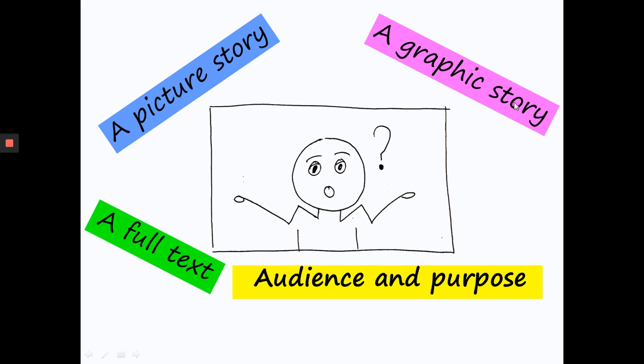A graphic story, like a comic style with your pictures and your text, would be for your age group of children. All right, so that would be your audience. And for a full text with no pictures, just the text, just the story, then you can also think about children of your own age. Okay, and the purpose, of course, is to entertain your reader.